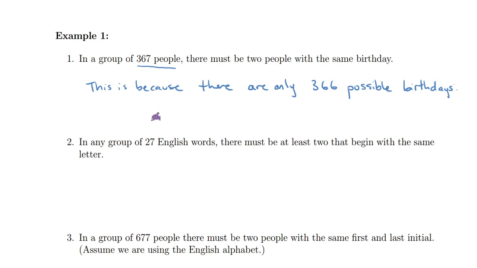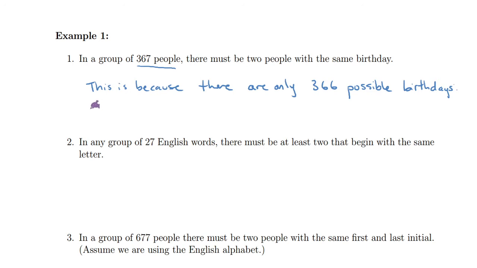And so therefore, by the pigeonhole principle, since you have 367 people, even if you were to distinctly list all those birthdays out, once you get up to this 367th person, you're guaranteed that last person is going to have to repeat one of the previous ones, right?